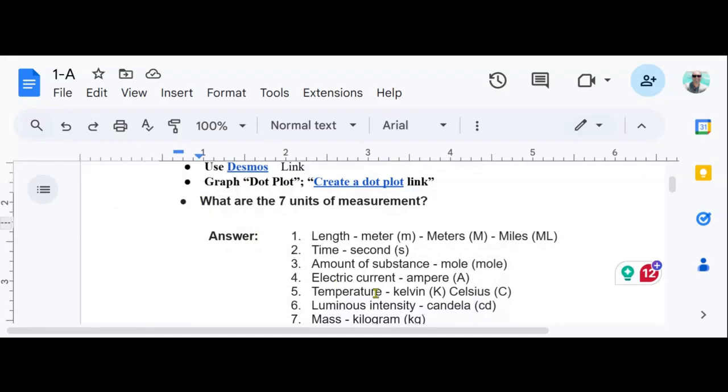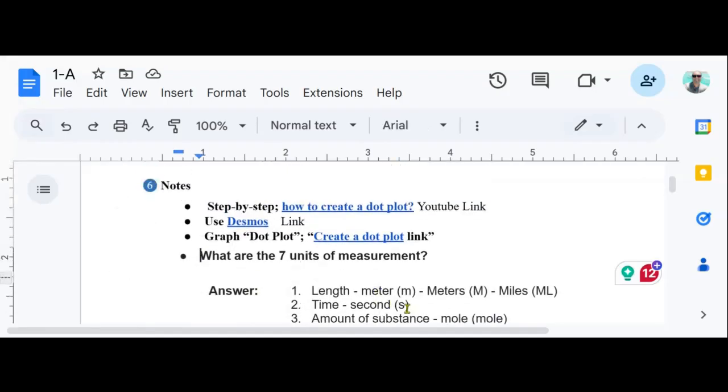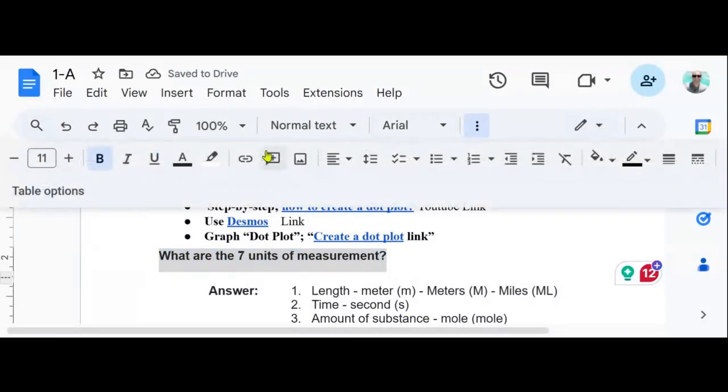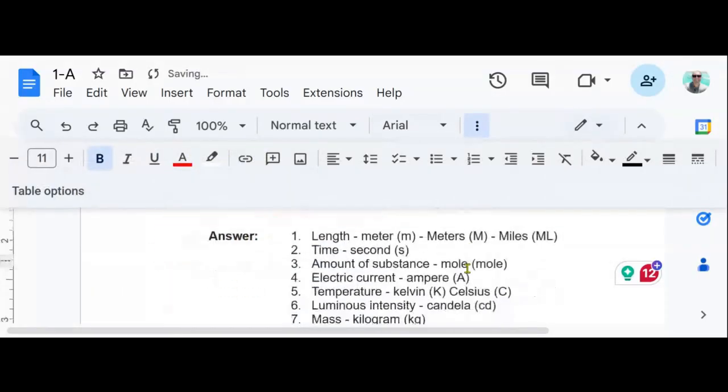A question that comes here: what are the 7 units of measurement? Anybody can tell me? 7 units. The answer is what? It can be length, like meter, miles.